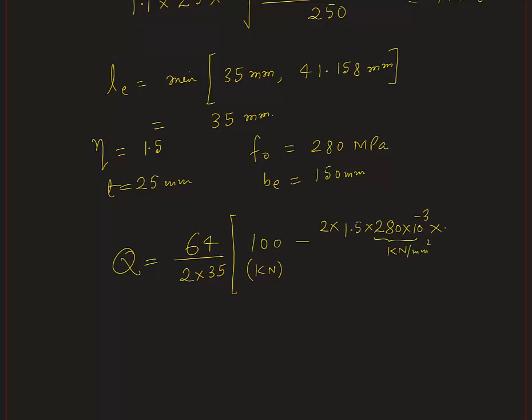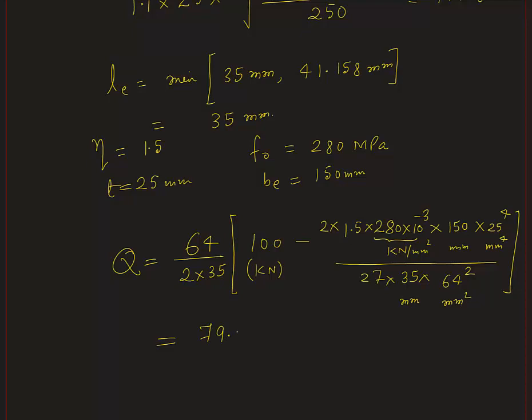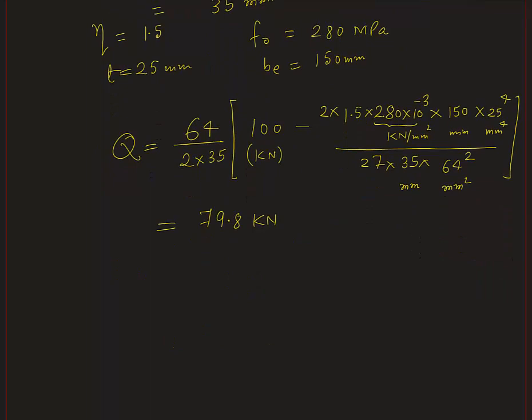This multiplied by 150, in mm, and then we will have 25 raised to the power 4, that is mm raised to the power 4, and this all divided by 27 into 35 into 64 square. If you check all these dimensions and calculate the value for Q, this will come to 79.8 kilonewton. So this is the prying force that we'll have in this case.